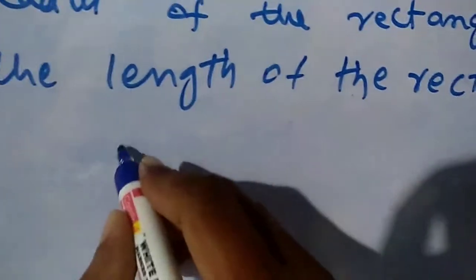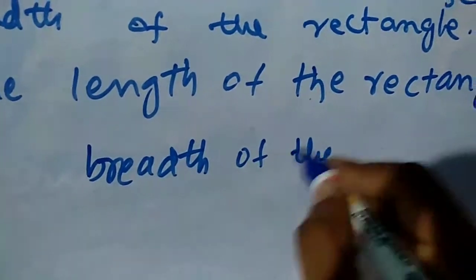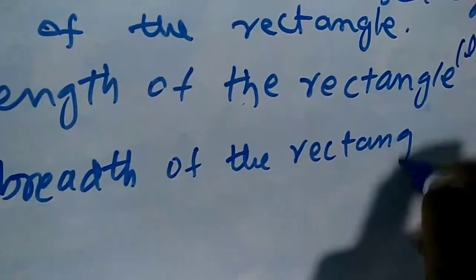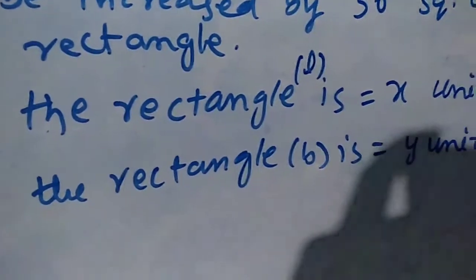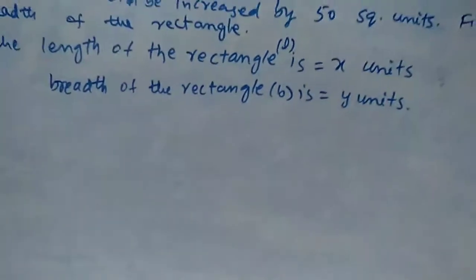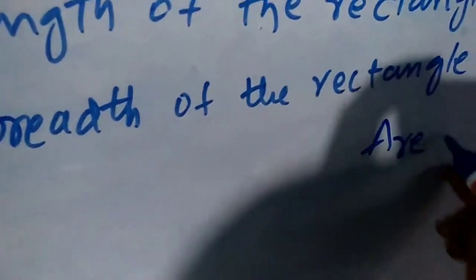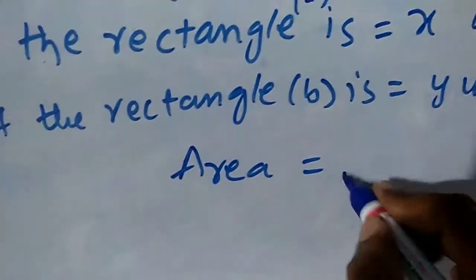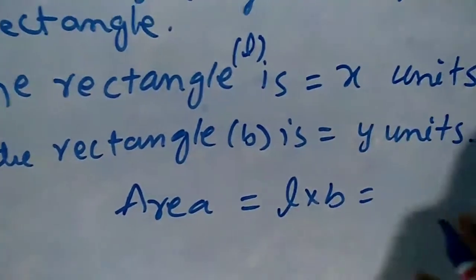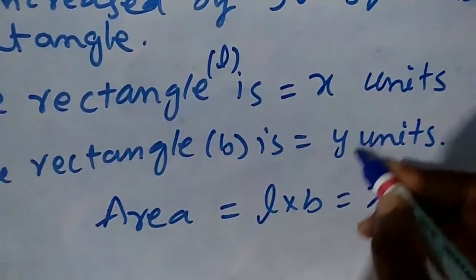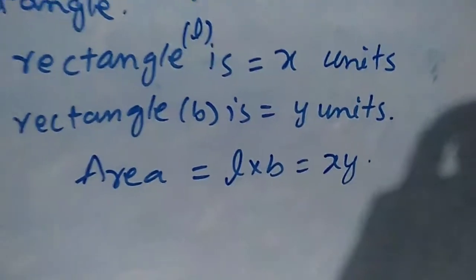Next, breadth of the rectangle B is y units. Okay, breadth of the rectangle is y units. Next, area of the rectangle formula is L into B. L into B means length is here x, breadth is here y, so area is xy.